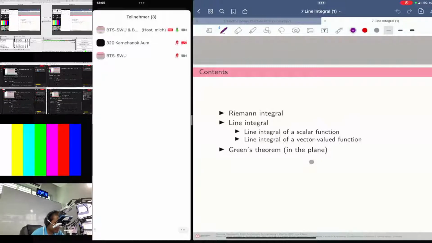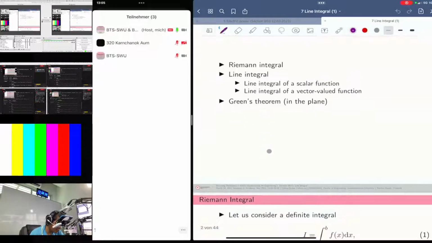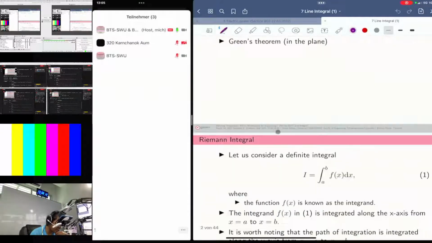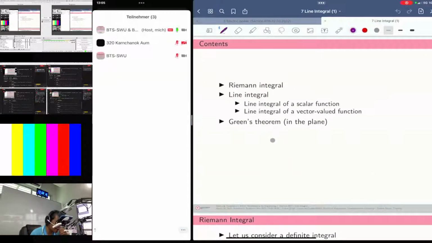Once we get used to the line integral, we are going to use this theorem, and it's supposed to be simpler to solve the line integral. They use the area technique instead of the path technique.